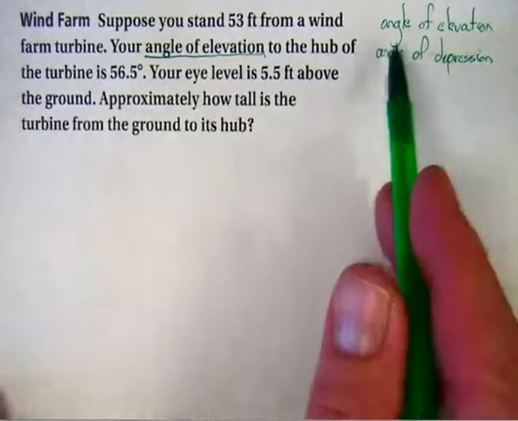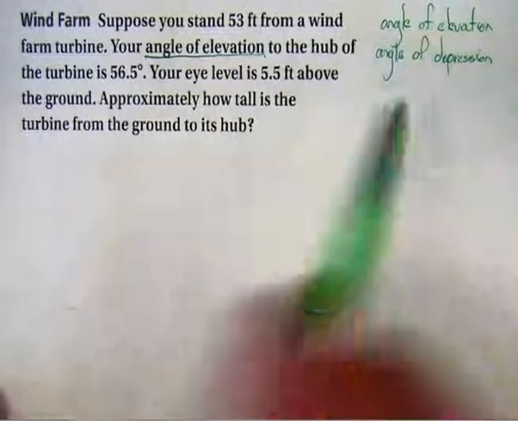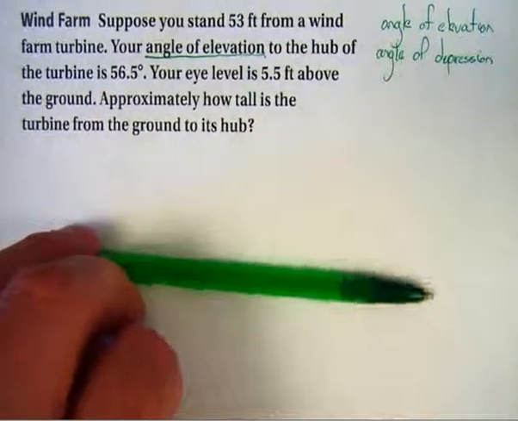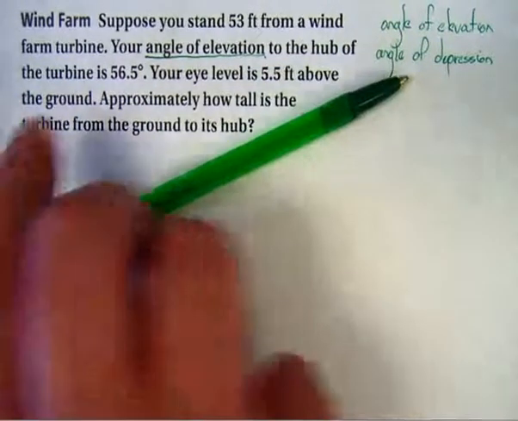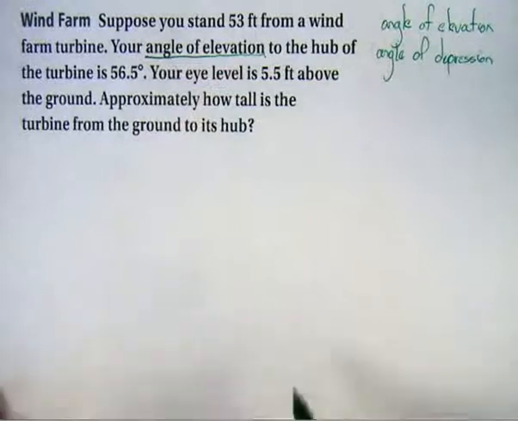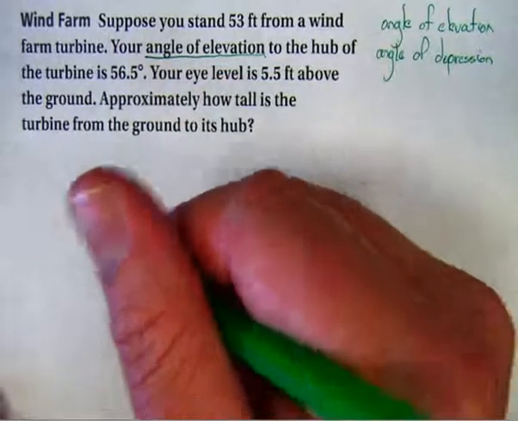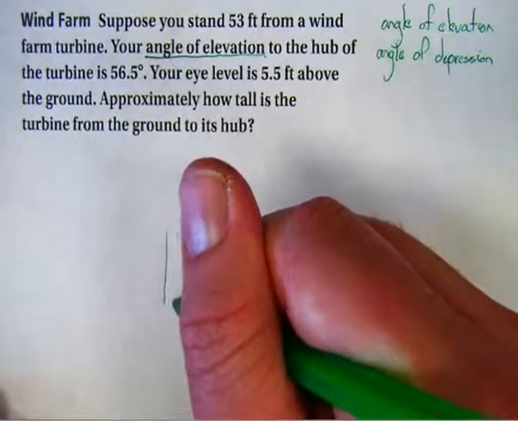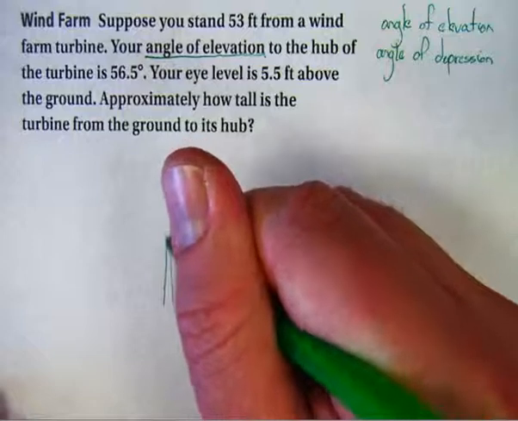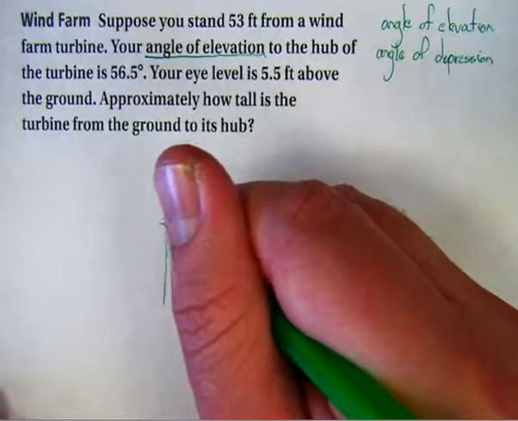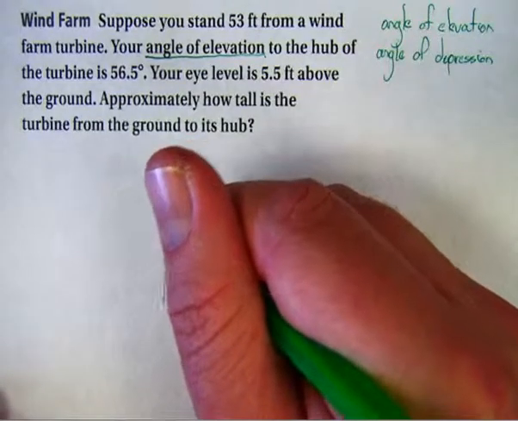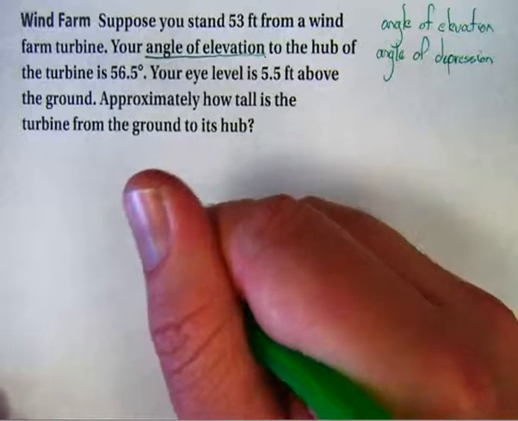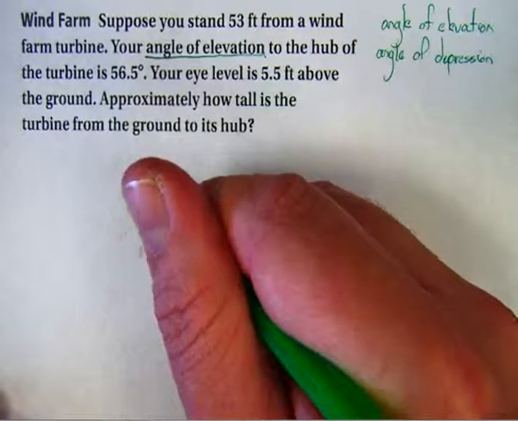So the angle of elevation simply tells you at what angle you would have to look up to see the top of the object. And I highly recommend with problems of this sort drawing a picture, and it doesn't have to be beautiful. You saw my exemplary drawing of the tree earlier, so understand that your drawings just have to be approximate.